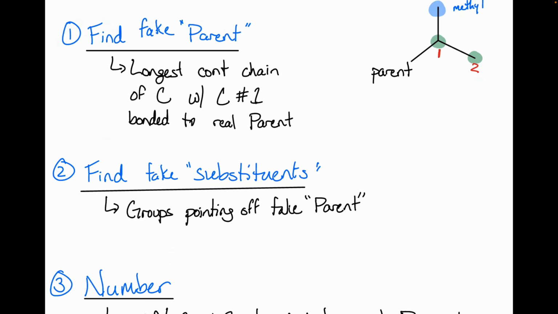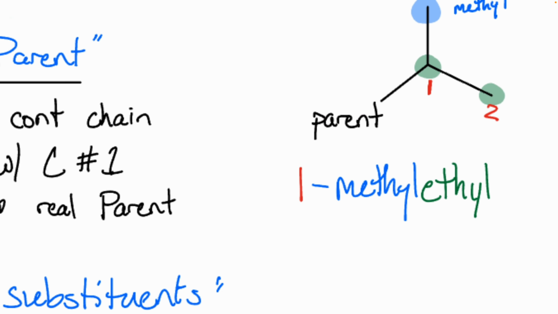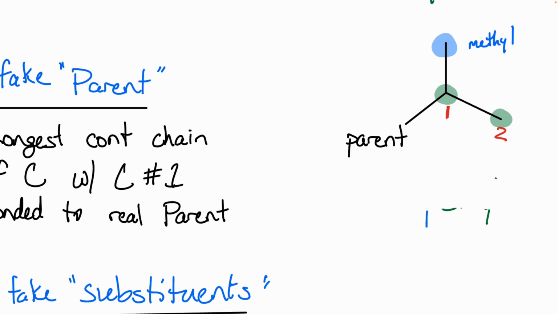So in this example here, I have a methyl group sticking off of carbon 1. So this would be 1-methyl. And my fake parent chain here is 2 carbons long, so eth. But since it's a fake parent chain, it's not an ethane, it's an ethyl group. So 1-methylethyl would be the IUPAC name of this branched alkyl substituent here.